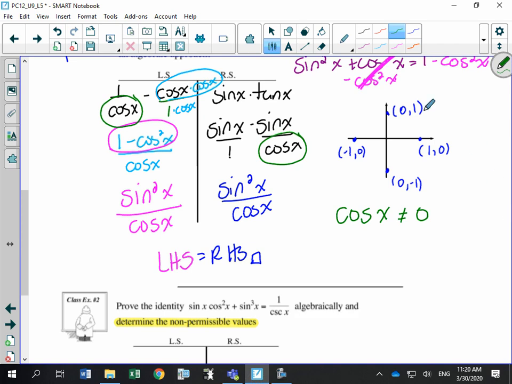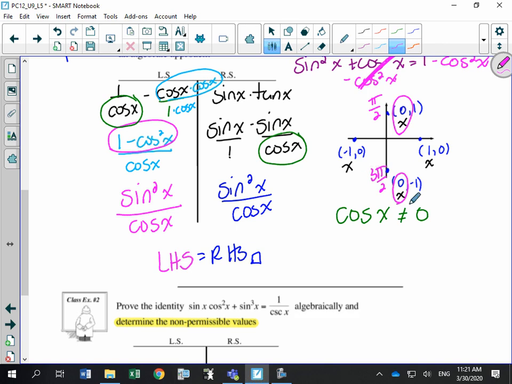So then what I need to do is go to my unit circle and say, okay, well, where are all of the points where cos of x is equal to 0? So I'm going to look at all of my x values on my unit circle. And cos of x is equal to 0 over here, which is at pi over 2, and over here, which is at 270 degrees, which is 3 pi over 2.